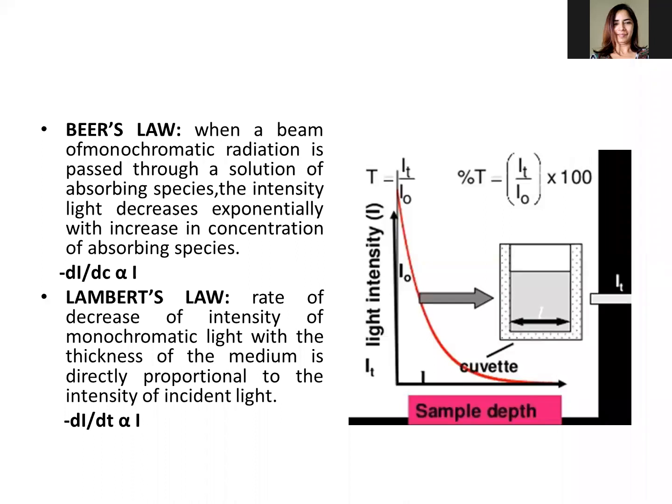Whereas Lambert's law states that the rate of decrease of intensity of the monochromatic light with thickness of the medium is directly proportional to the intensity of the incident light.